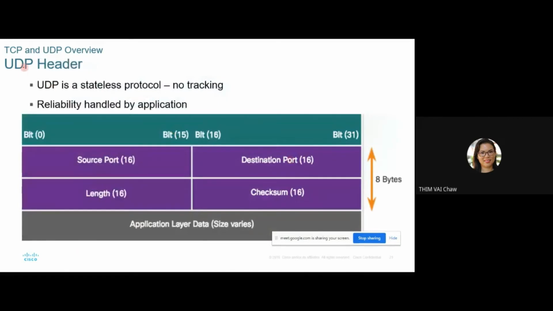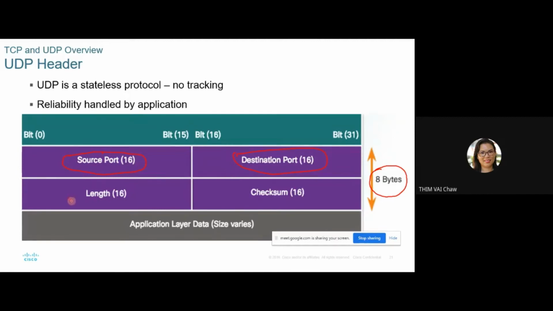Now look at the UDP header. It is only 8 bytes. Just now I didn't mention what the most important things inside the header are. Because it's only 8 bytes, you have your source port and your destination port, which are each 16 bits, so together 32 bits.